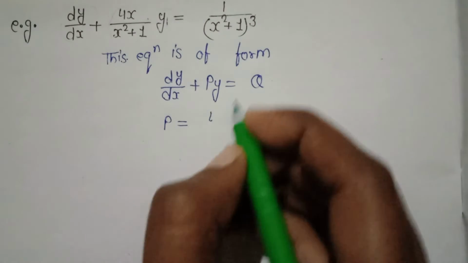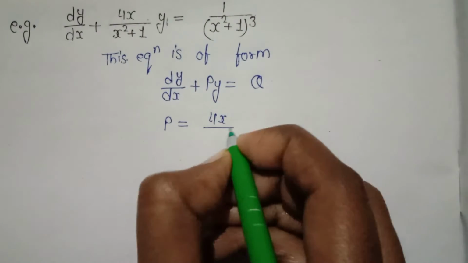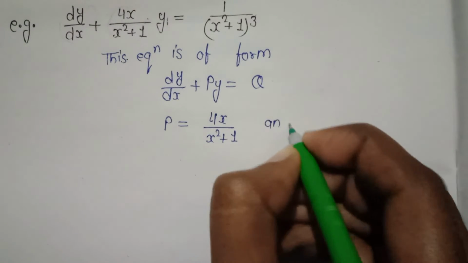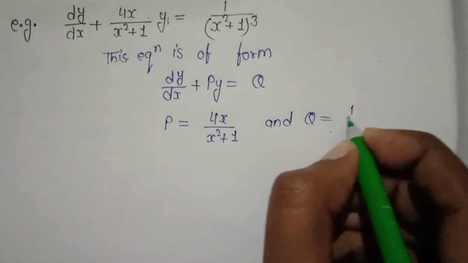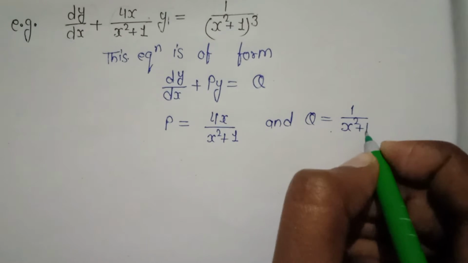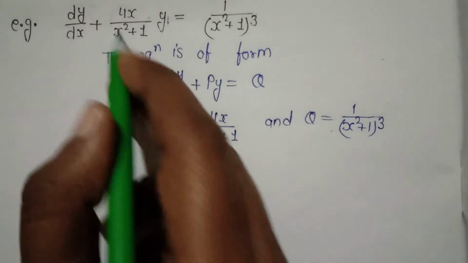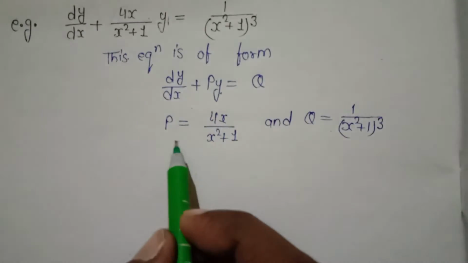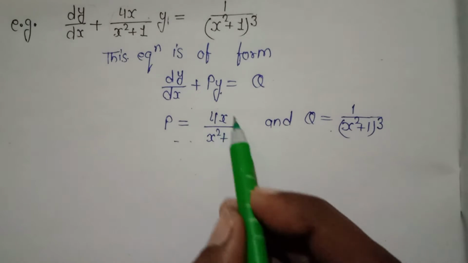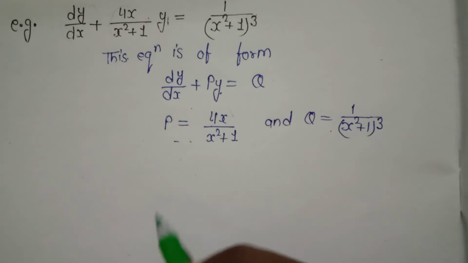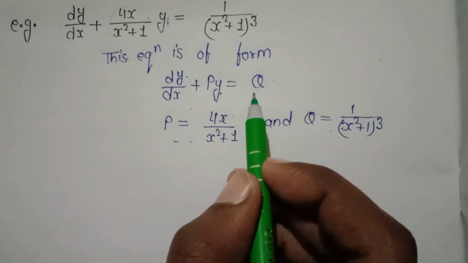So I can compare p is equal to 4x upon x square plus 1 and q is equal to 1 upon (x square plus 1) raised to power 3. By comparing this equation with the standard equation we got the values of p and q, and you can see p is a function of x and q is also a function of x. So all the conditions are satisfied. So this is the linear differential equation.